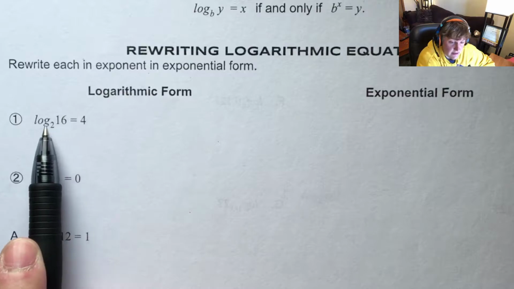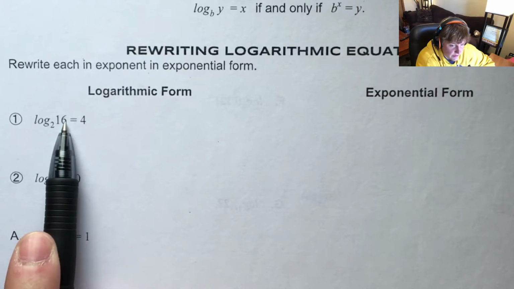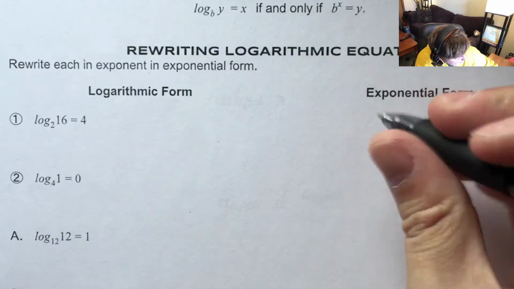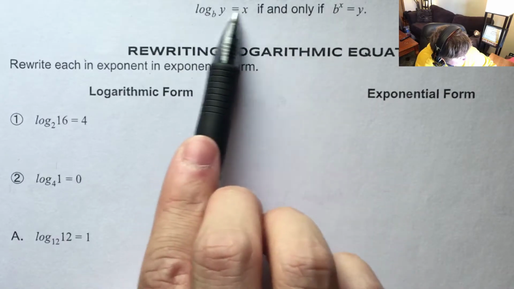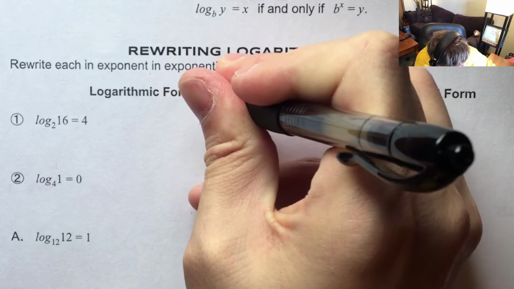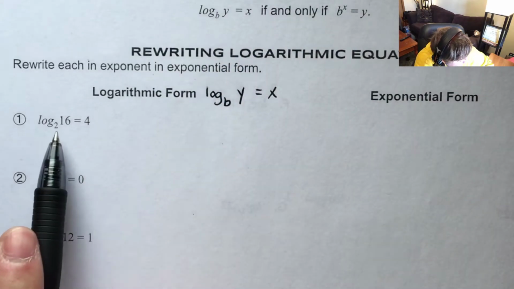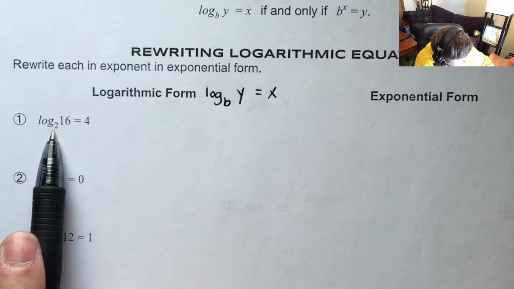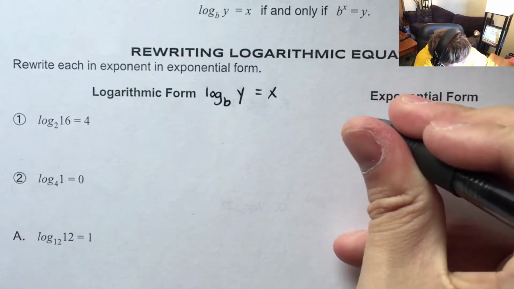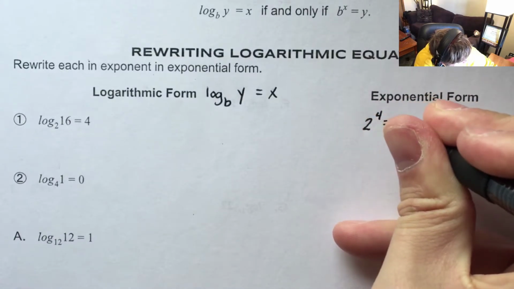Using the form log base b of y is equal to x, what's in the b position is 2, and 2 to the 4th power is equal to 16.